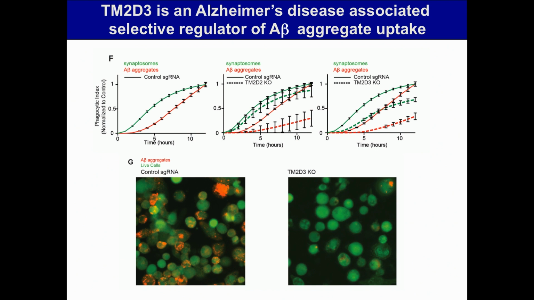But when you knock out this gene, you can see selectively they're unable to take up A-beta aggregates, but they can take up synaptosomes just fine. So we think this is potentially an explanation for the pathogenesis of this gene in Alzheimer's disease. If you fail to take up A-beta aggregates, this would be sort of worse for the disease.